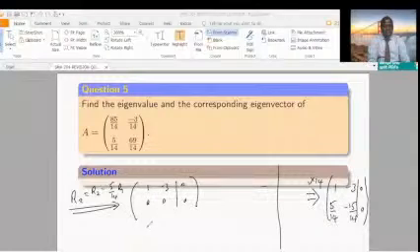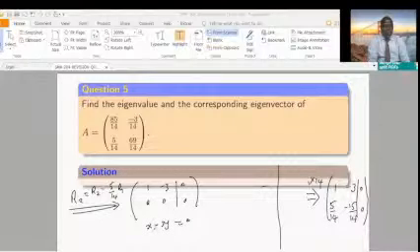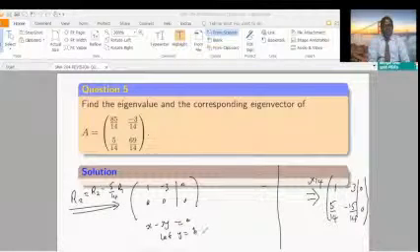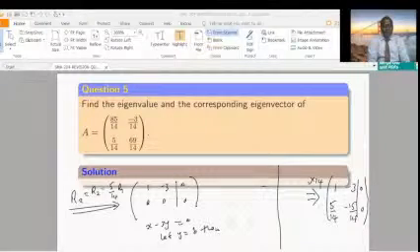So what we now have is x minus 3y is 0. x here is a leading variable, and y is a free variable. So let the free variable y be b. If that is the case, then x will be 3b.